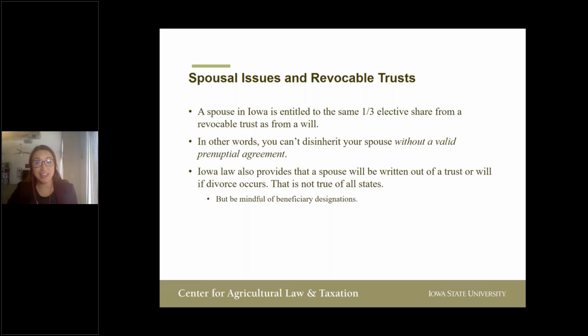And so we want to make sure that spouse could still receive something that they probably would have. In Iowa as well, the law says that a spouse is going to be written out of a will or trust if there is a divorce. If you're watching this from a different state, that could be different, but that's the rule in Iowa.